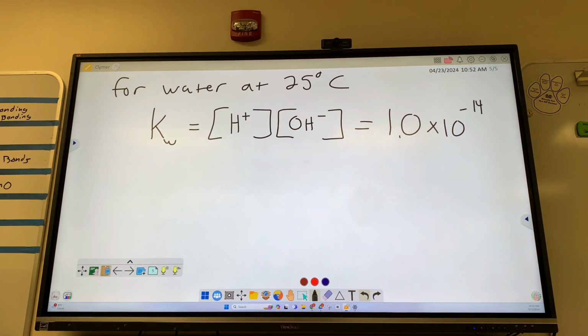I know it looks terrifying, and it'll get worse tomorrow when we do pH. It's a Kw. K of water is just a constant. When we multiply the molarity of the H plus and the molarity of the OH minus in regular deionized water, you get 1.0 times 10 to the negative 14th.